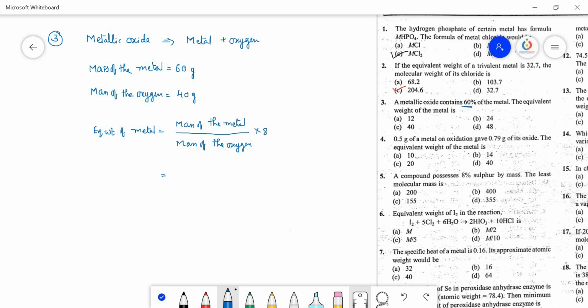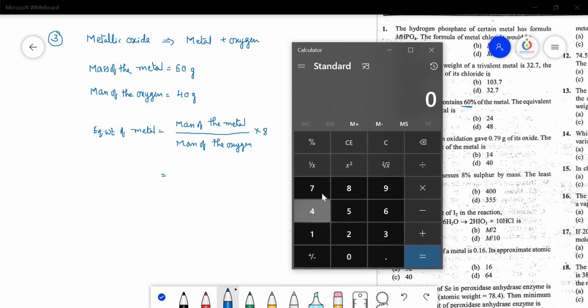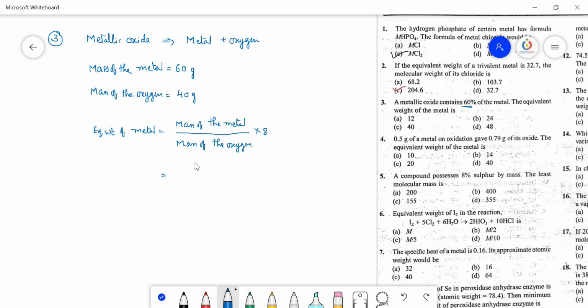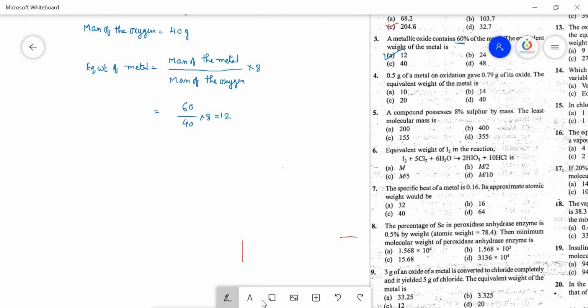So mass of the metal is 60, into 8, divided by mass of the oxygen, 40, equals 12. Equivalent mass of the metal is 12. So option A is correct. Let's see question number 4.